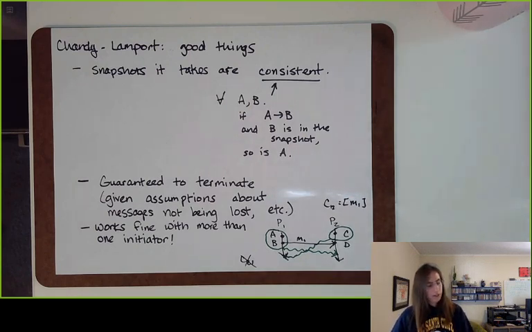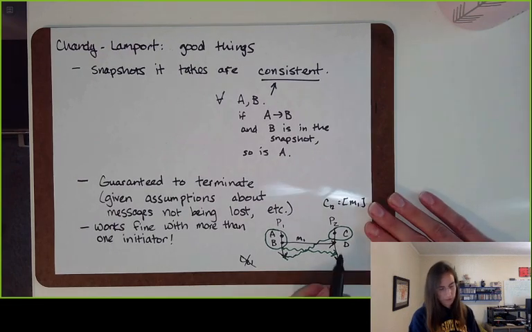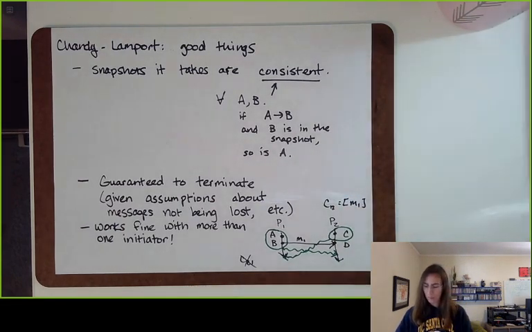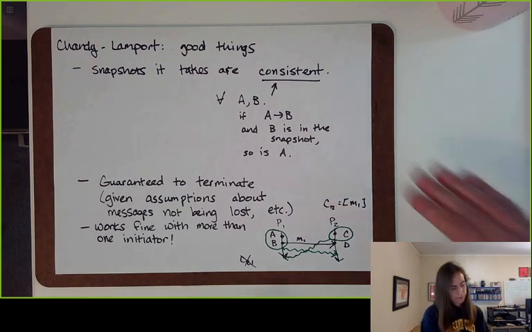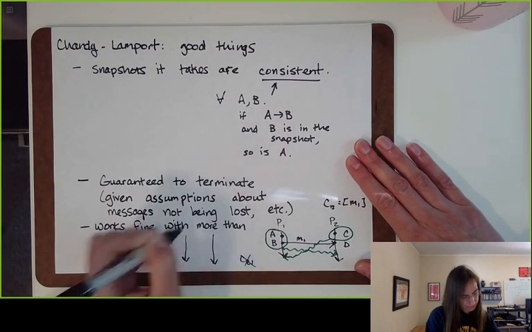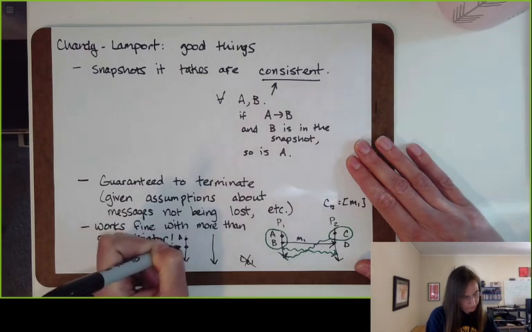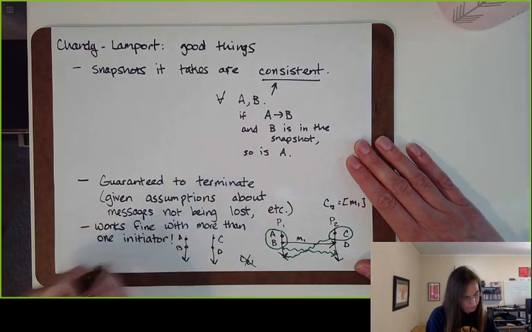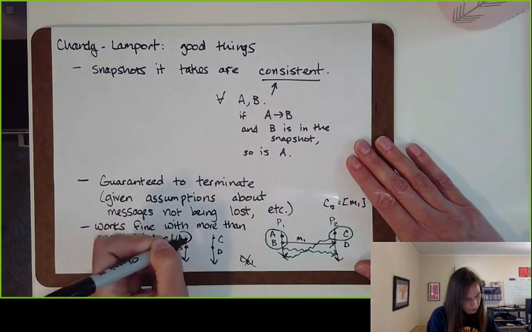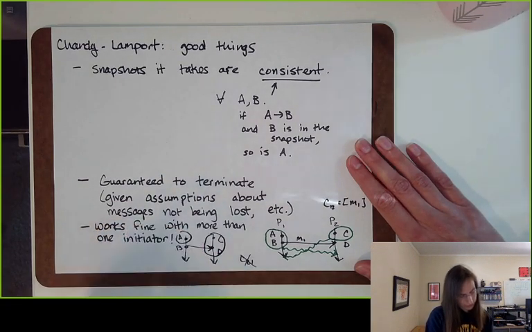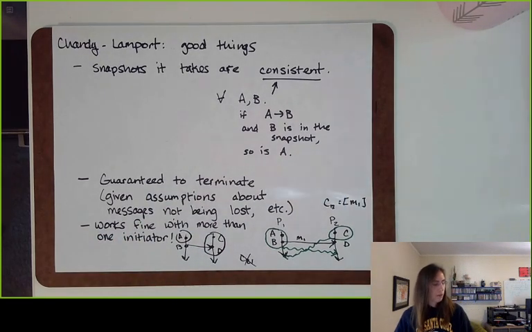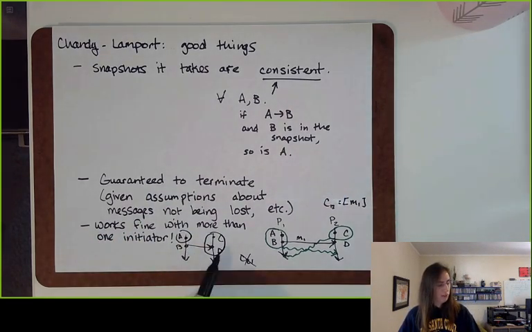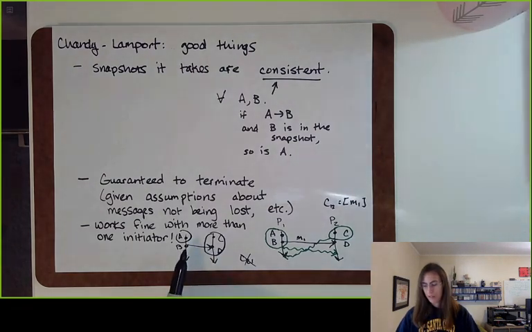And there's no way that we could have ended up with an inconsistent snapshot in this picture if they both initiated the snapshot. So think about what an inconsistent snapshot might look like. Well, if D were included, like let's say we had something like this. If we just had A here and we had a message like this and we had C and D here, that would be an inconsistent snapshot, as we've talked about, because we have this event B here which happened before D and it's not being included here.